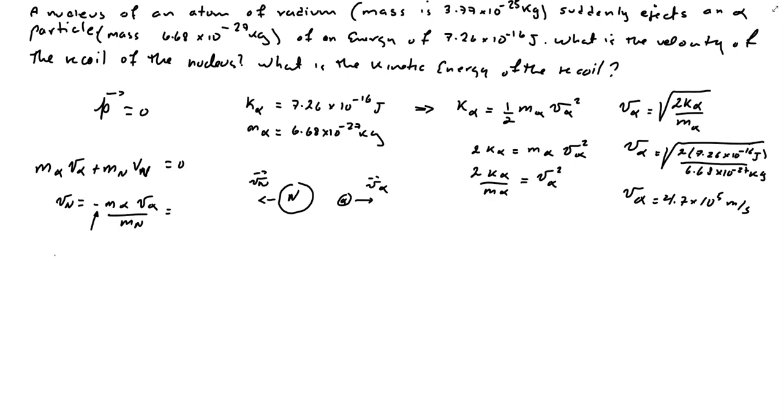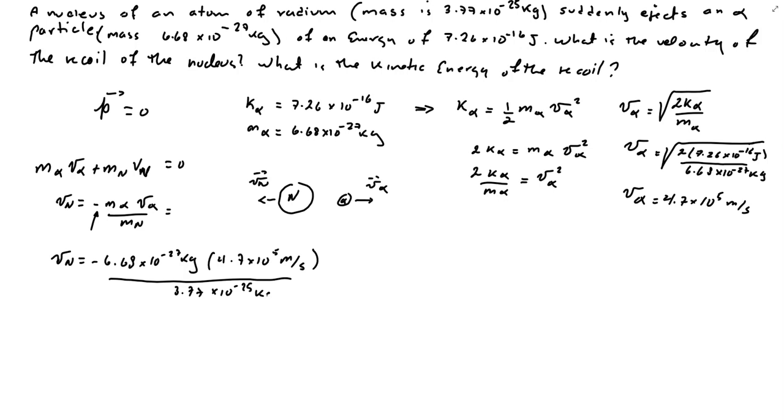So we can find then the velocity of the nucleus. We can say that the velocity of the nucleus here is negative 6.68 times 10 to the negative 27 kilograms times 4.7 times 10 to the fifth meters per second, divided by 3.77 times 10 to the negative 25 kilograms.